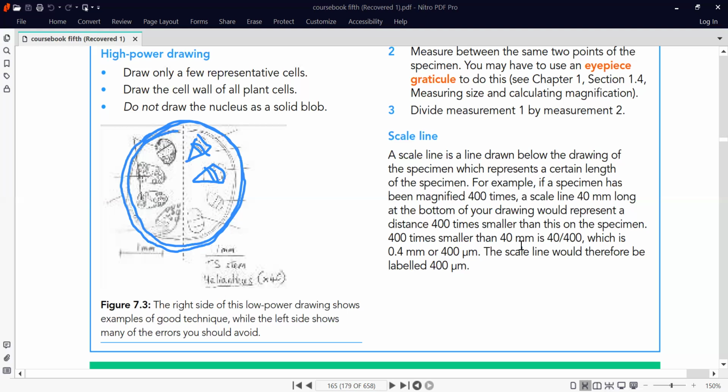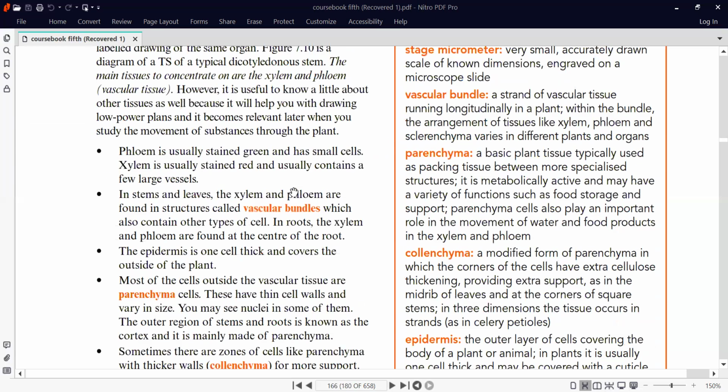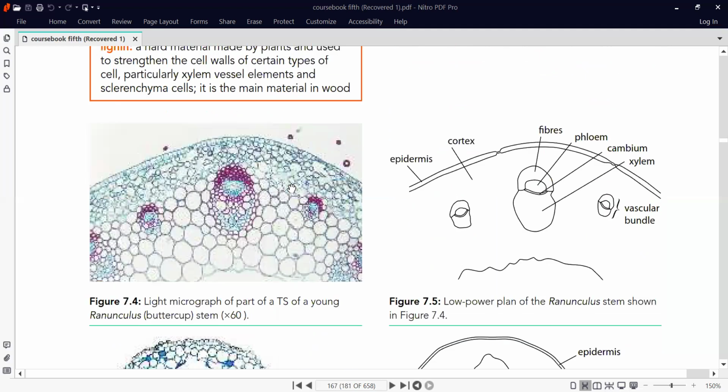Let me change the page further. See, this is the structure of the TS of the stem, right? In the TS of the stem, you can see the cells and tissues which are visible inside the stem.